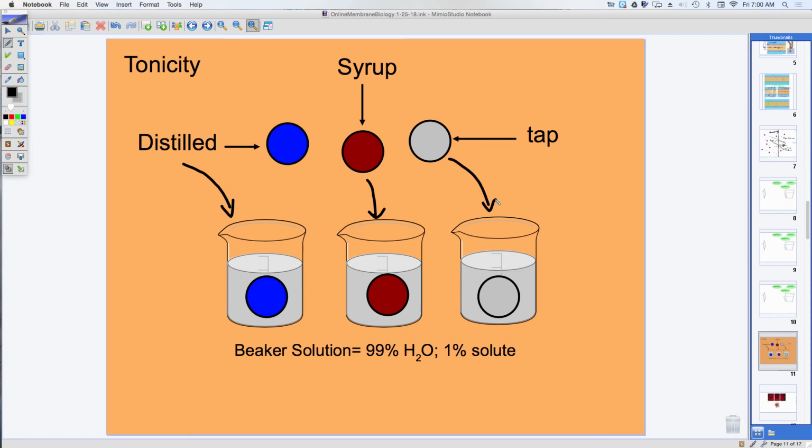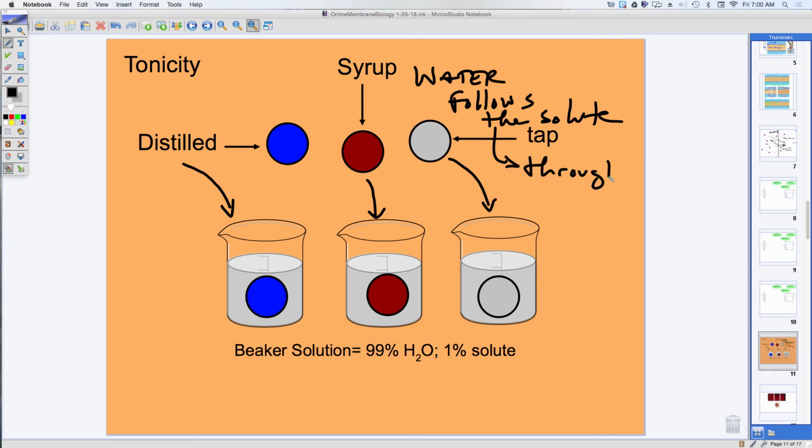And I asked you to track the change in mass. The reason for doing this is so that you could look at how osmosis works. There is a general rule, and that is that water follows the solute through a semi-permeable membrane.